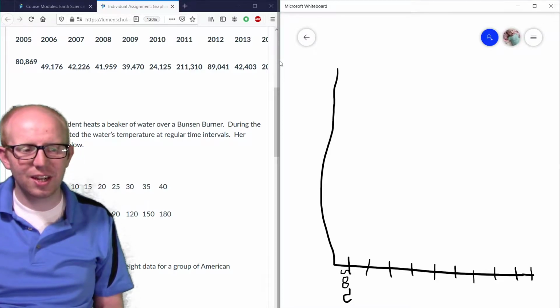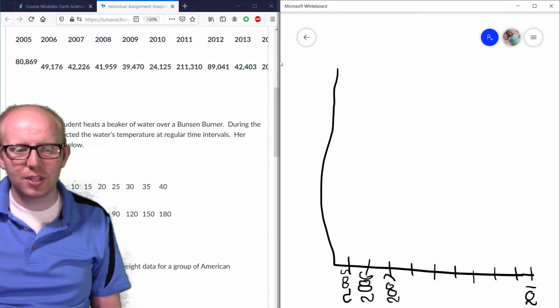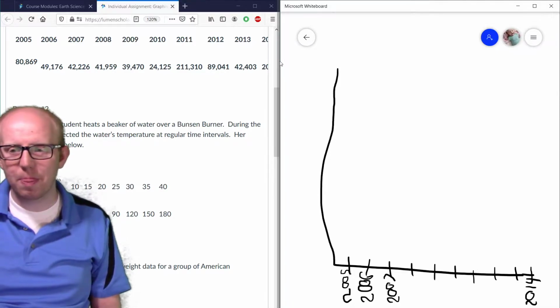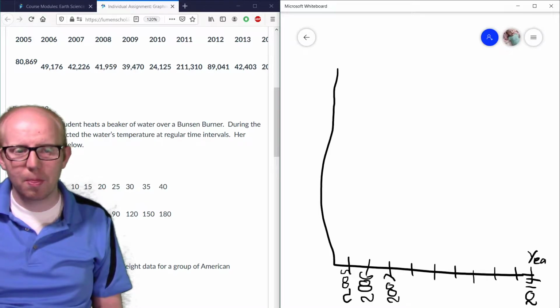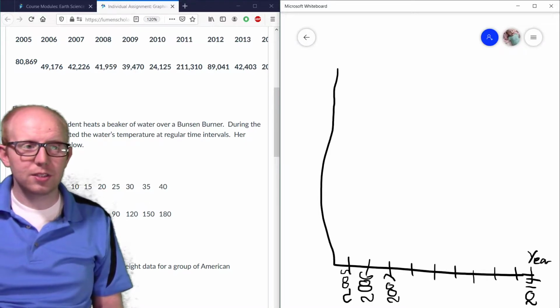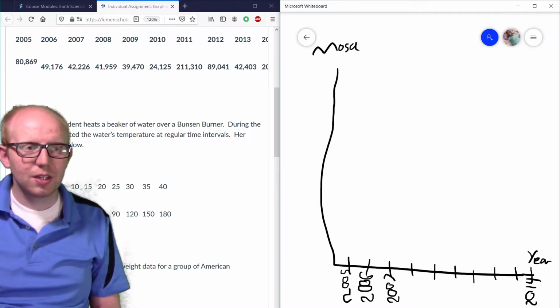Sorry, it's hard to write sideways. 2006, 2007, and so on, until we get to 2014. Okay, so that's our years. We're plotting a year down here, and then we're comparing to mosquitoes caught up here.